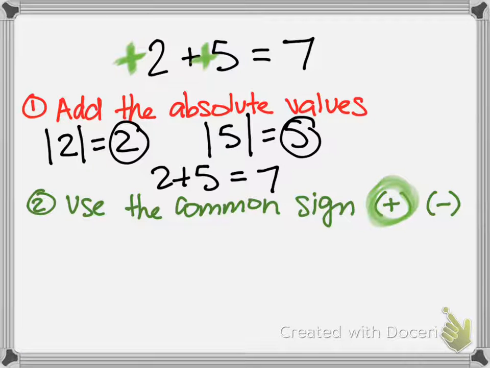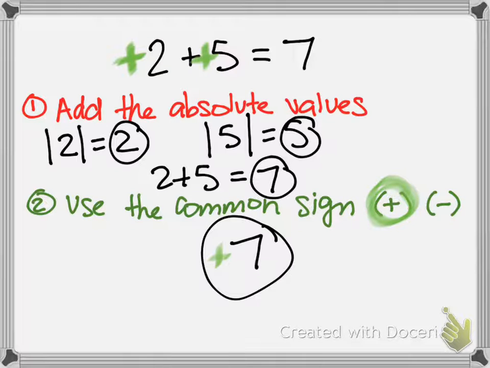So we take our answer that we got, which is 7, and we know that both numbers have a positive sign that is in common with each other. Our answer is 7. And again, that is just an invisible positive sign, so we can erase it.